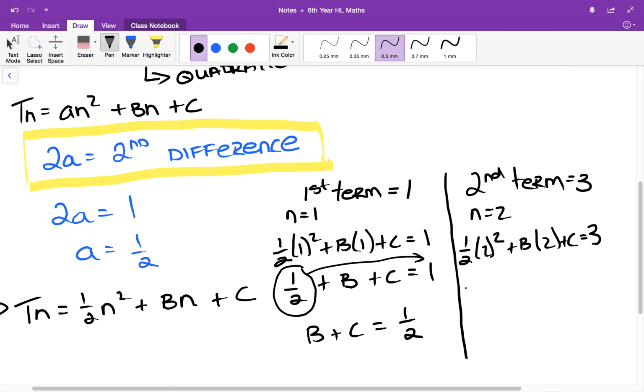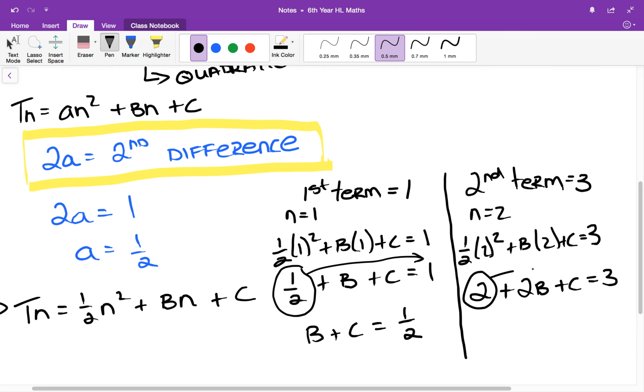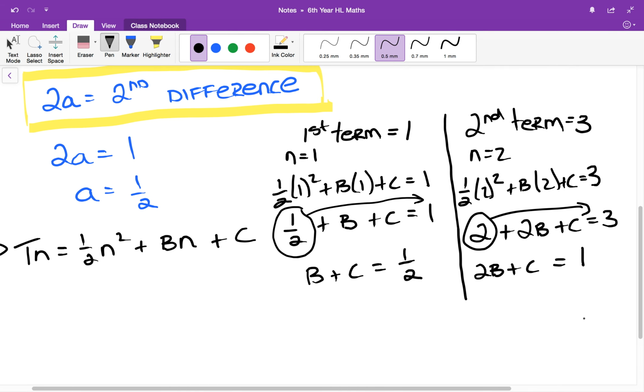So 2 squared is 4, half of 4 is 2. b times 2 is 2b, plus c equals 3, and do the same thing we did in the other one. You take the 2, bring it across and it becomes a minus 2, so it's 3 minus 2, which is 1.